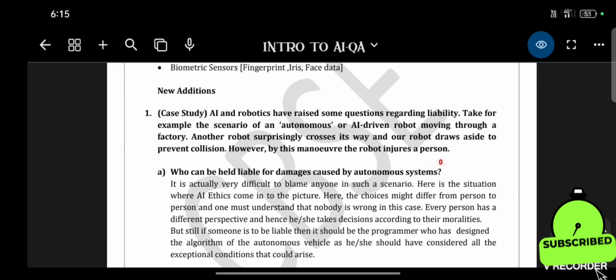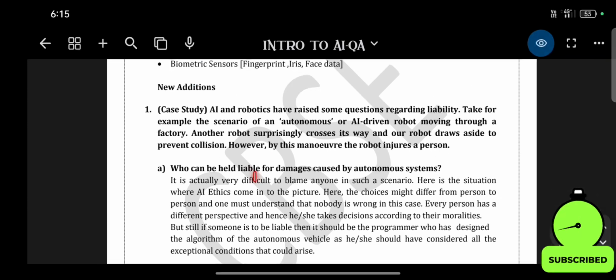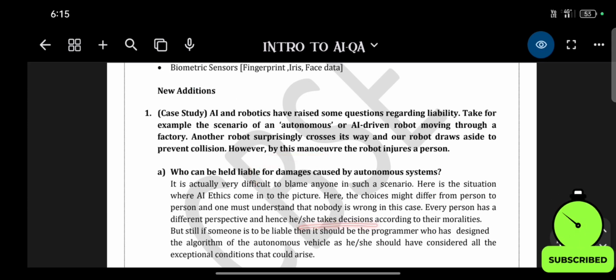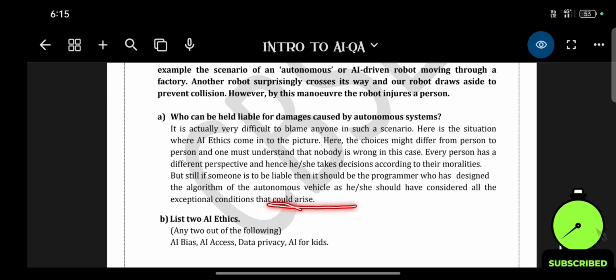Nobody is wrong in this case actually. Every person has a different perspective and hence he or she takes decisions according to their modalities. But still, if someone is to be liable, then it should be the programmer who designed the algorithm of the autonomous vehicle, as he or she should have considered all the exceptional conditions that could arise.